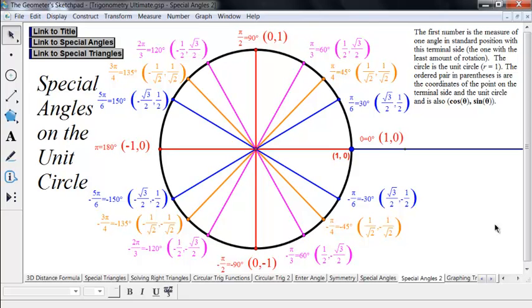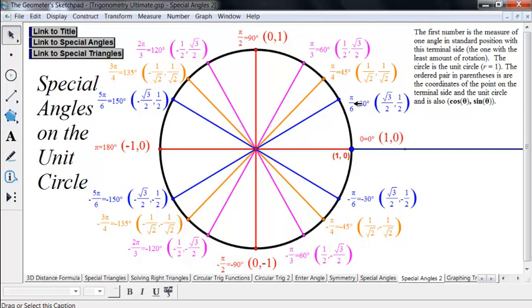And these are all of our special angles that we've covered in the last, well, this is the fourth of 4 videos on this. No, the 5th video, I guess, on this topic. And we see that each one of these, we give one possible angle. We look at the angle with the smallest amount of rotation are the ones that I've given here.